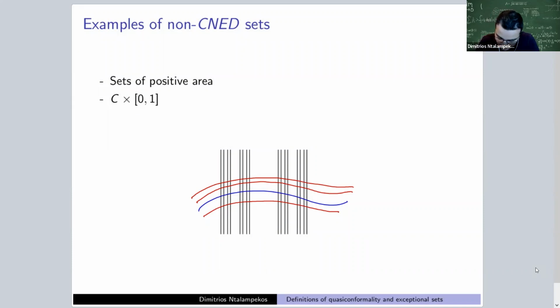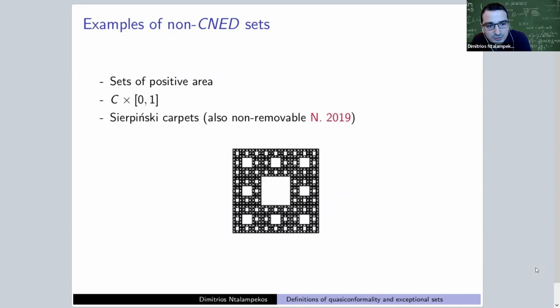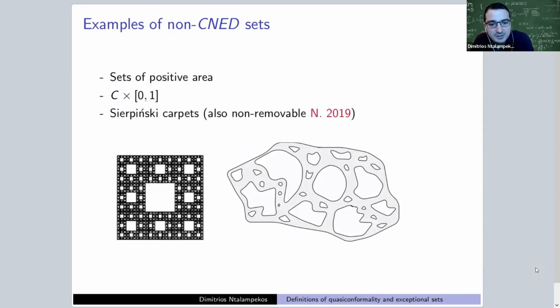Now, for the same reason, the Sierpinski carpets are also not CNED. So this is the standard Sierpinski carpet that is constructed by squares, and then any homeomorphic copy of it is called a Sierpinski carpet. So these sets are also not CNED for the same reason as before. If you take a curve that crosses the Sierpinski carpet, then every perturbation of the curve, no matter how you alter the curve nearby, you'll get curves that also intersect the carpet at uncountably many points.